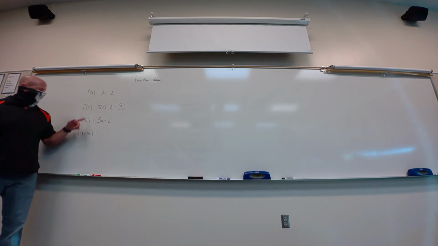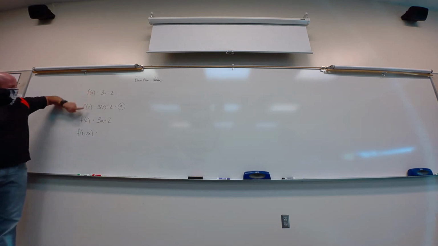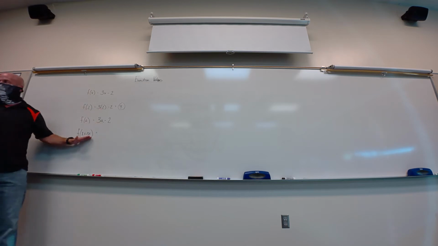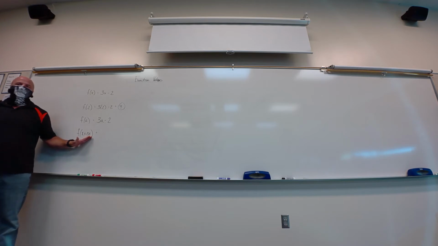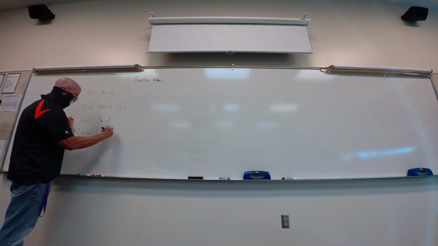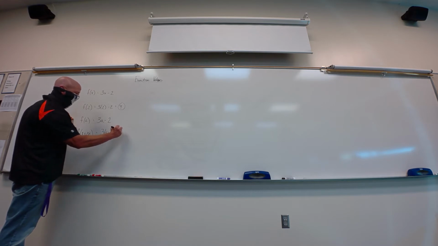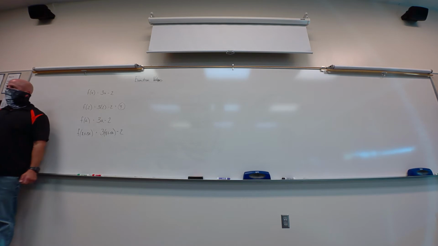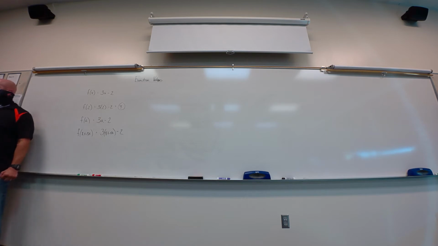And you're following what you did here. Whatever I saw in here, if it was a 2, I substituted for x. If it's an a, I substituted for x. Now if it's this, I'm substituting for x. So your process hasn't changed at all. Yes, you get a different look. So here I'd have 3 times x plus delta x, minus 2. And yes, I can distribute the 3, but that's okay also. Does that make sense to everyone?